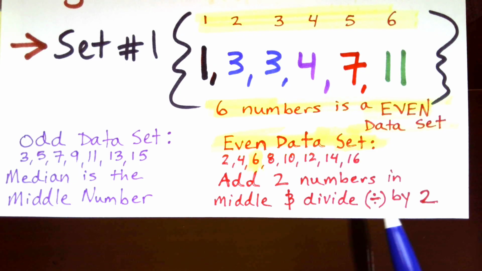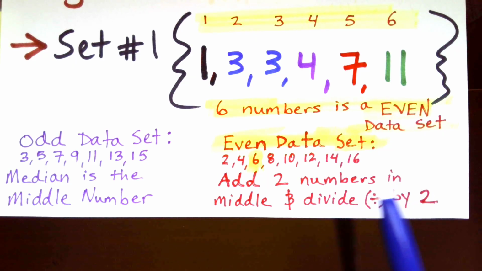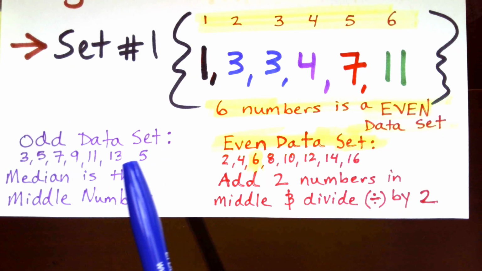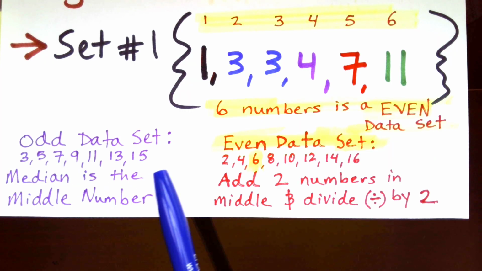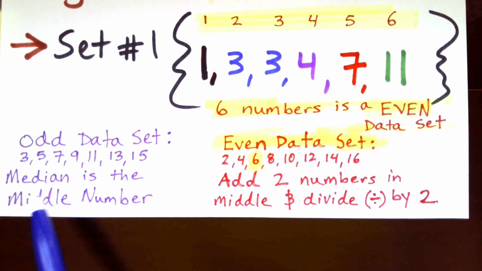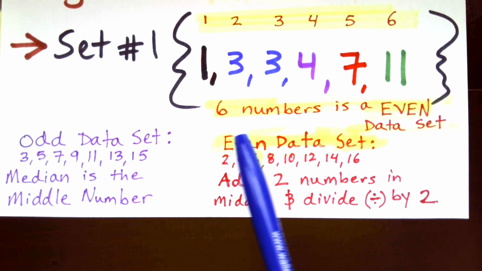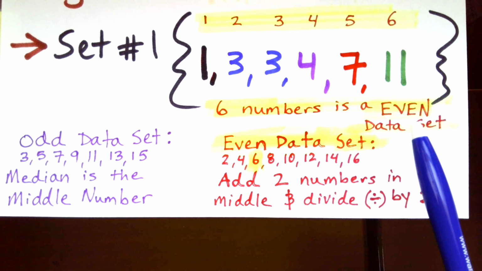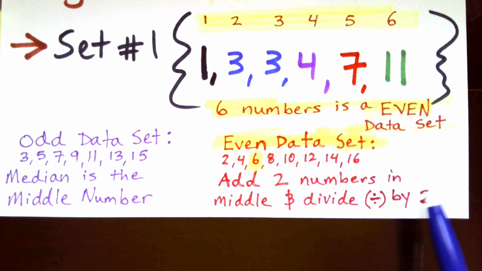Then you would divide by 2 to find the median. If you have an odd data set, right? 3, 5, 7, 9, 11, 13, 15. These are examples of odd numbers. Then the median would just be the number right in the middle. So this is an even data set. We're going to add the 2 numbers in the middle and divide by 2.